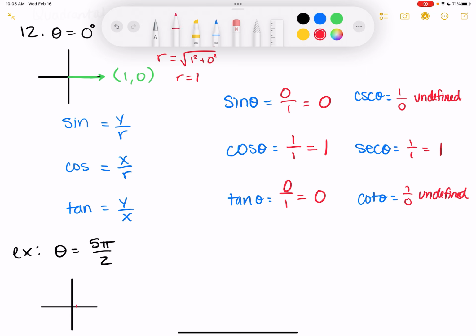So I'm just going to count pi over 2, 2 pi over 2, 3 pi over 2, 4 pi over 2, 5 pi over 2. So it's going to be the same as pi over 2, going straight up.